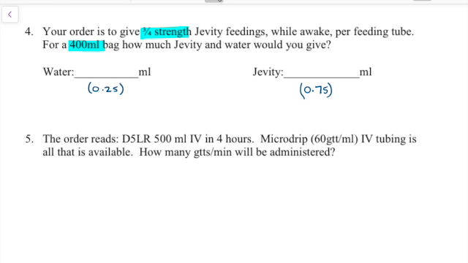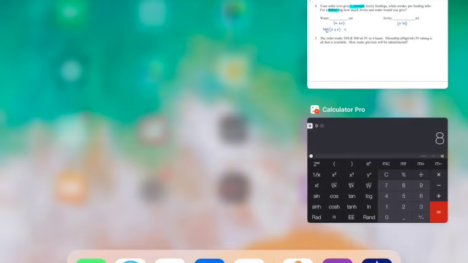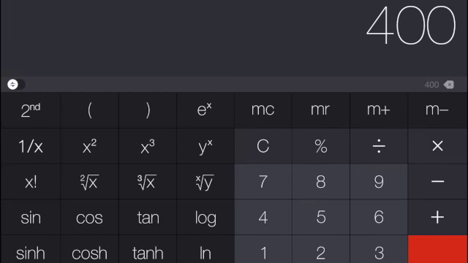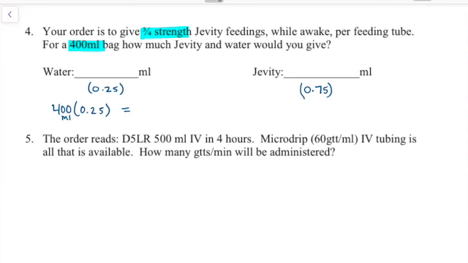So to calculate the water, you do 400 times 0.25, and this is mLs. So 400 times 0.25 is 100. I probably didn't need a calculator for that.